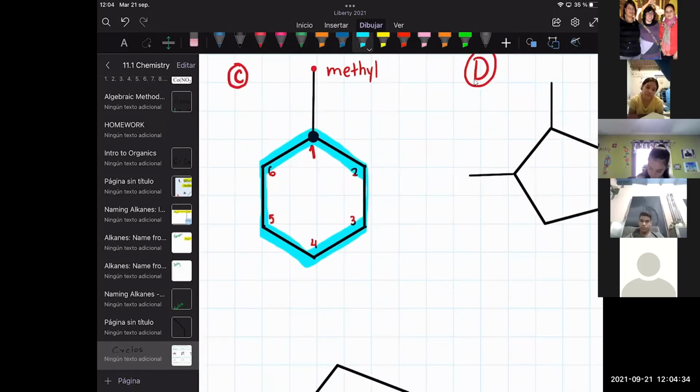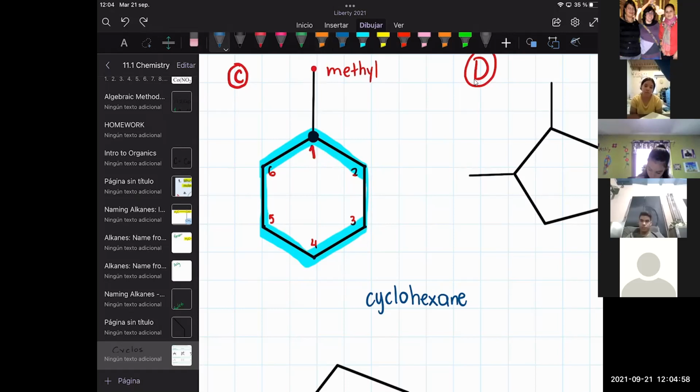The main name is going to be cyclohexane. But I also need to indicate where the methyl is located. My methyl is located in the position 1.